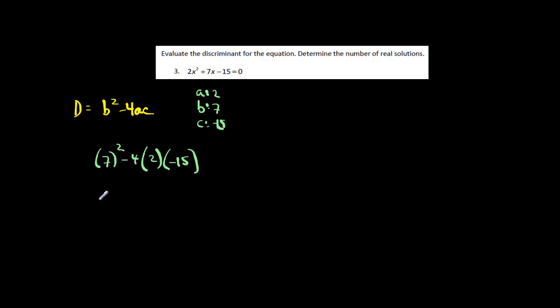It's going to be 7 squared is 49. A negative times a positive is a positive. 4 times 2 is 8. 8 times 15 is 120. So we're going to have 169. That's the discriminant. It's positive, so that means you're going to have two real solutions. So that's the discriminant. That's the number of real solutions.